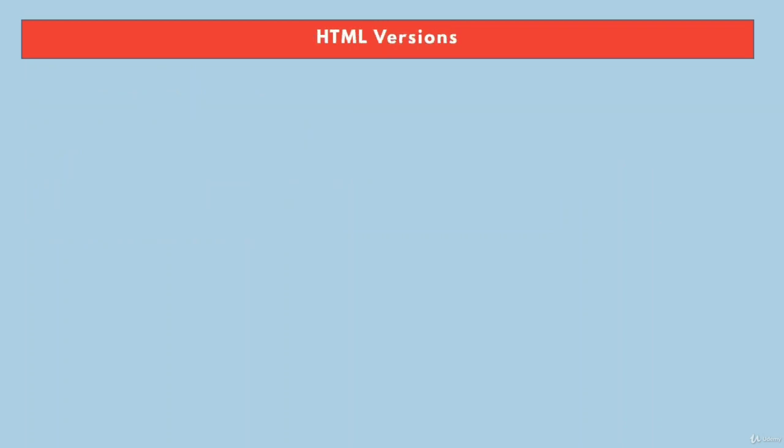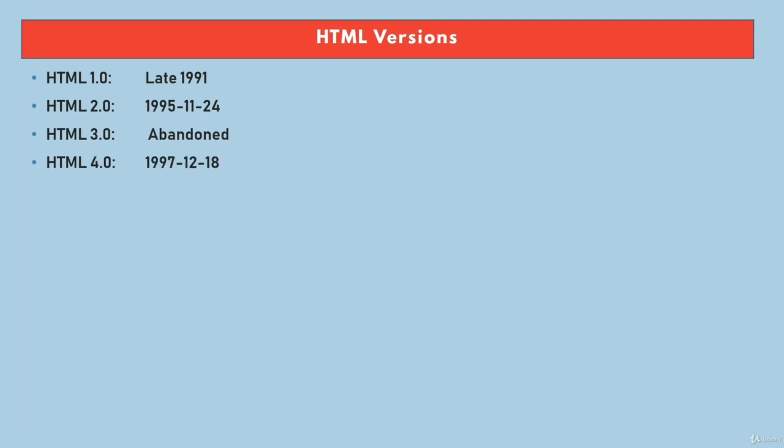And HTML has several versions. The first version of HTML was HTML 1.0, which was released by Tim Berners-Lee in late 1991. Next version is HTML 2.0, released in November 1995. HTML 3.0 started but abandoned, that means discontinued. HTML4 was a very successful version, which was released in December 1997.